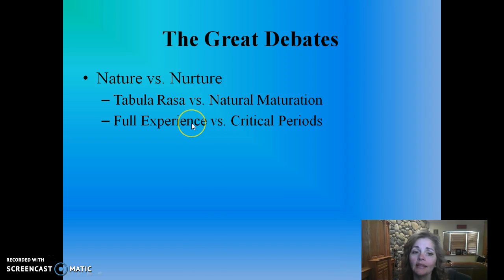So another key aspect of the nature versus nurture debate is the notion of whether there are certain critical periods in which we're particularly sensitive, or it's necessary to expose us to certain things. Or is it our overall full experience that contributes to who we are? We certainly know with language development that those first 6 years of life are really critical.